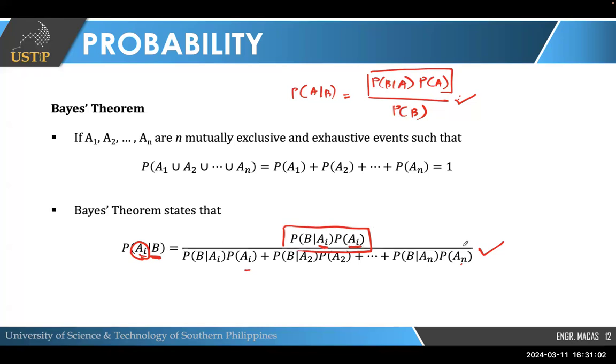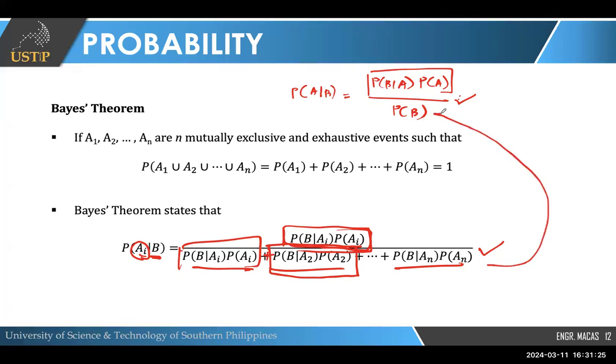Then we divide it by the total. It's actually just this one plus the product for A sub 2, then plus until A sub n. Actually, it can be proven with the table from the earlier example that the sum in the denominator is just equal to the probability of event B happening.